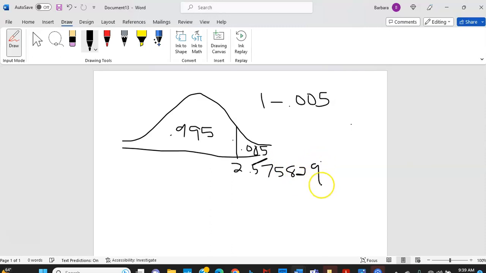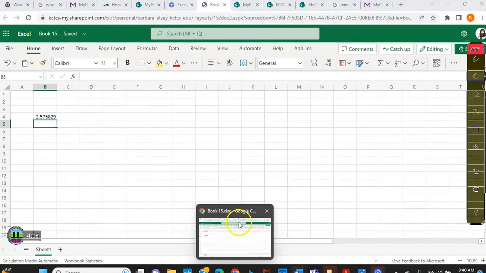Anything to the right is what we call our rejection region, where the 0.005 was. So anything to the right of 2.575829 will be in the rejection region. That's where we reject the null hypothesis and embrace our alternate. Now let's go ahead and do our test statistic. If it's bigger than 2.575829, we'll be able to get rid of our null hypothesis and embrace that alternate hypothesis.